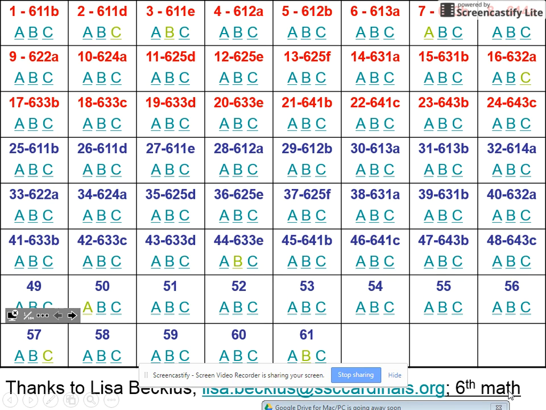Please make sure you also put a check mark next to any of the numbers that you got correct. So for instance, if you got the first one, 7A, correct, you would go to question number 7 and you would put a check mark next to one of the boxes. If you have 3 check marks for one standard, please make sure that you highlight that standard because you have mastered it.